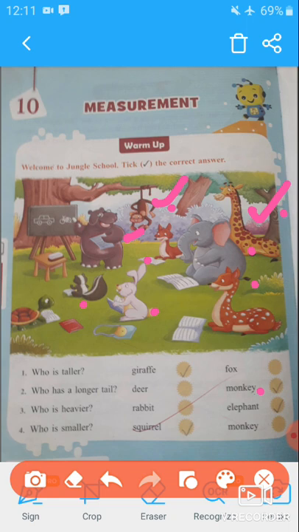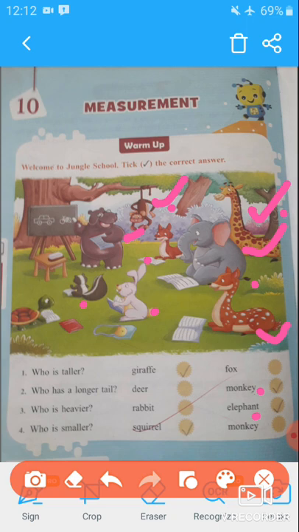This is deer. Deer has a small tail. Now who is heavier, rabbit or elephant? Here we are going to compare rabbit and elephant. Yes, elephant is heavier, so you will take the elephant. Now we are going to compare squirrel and monkey.